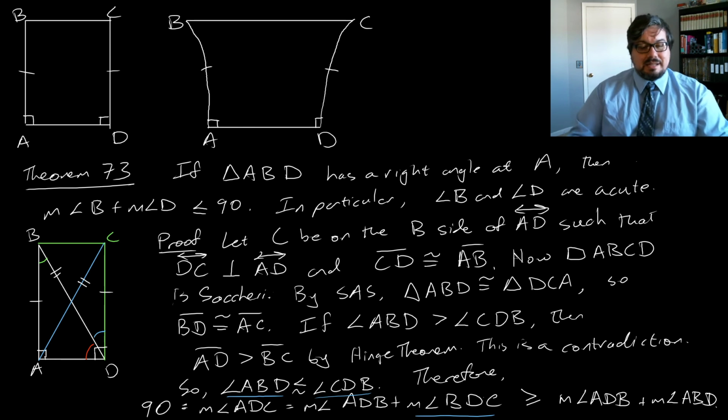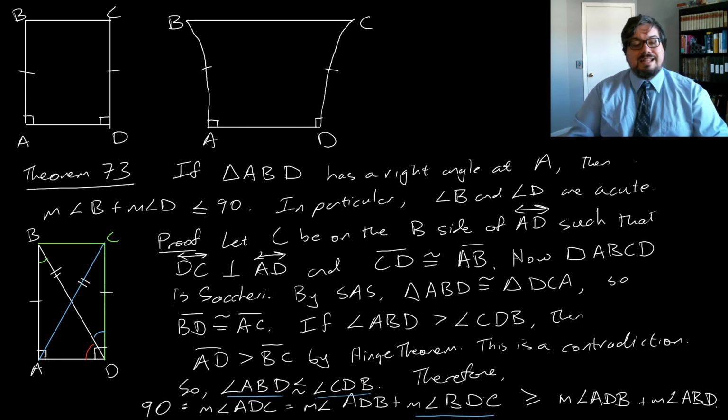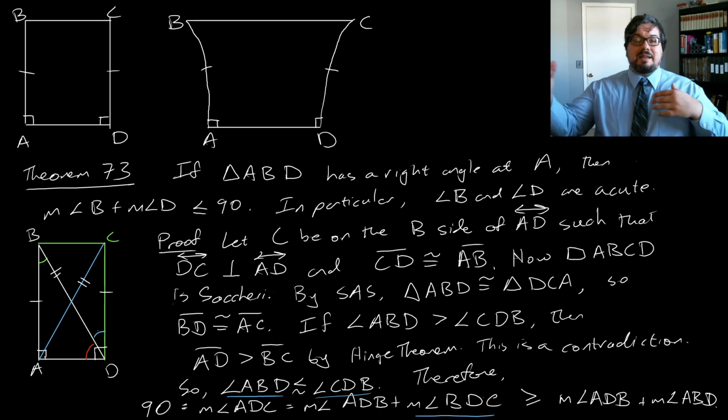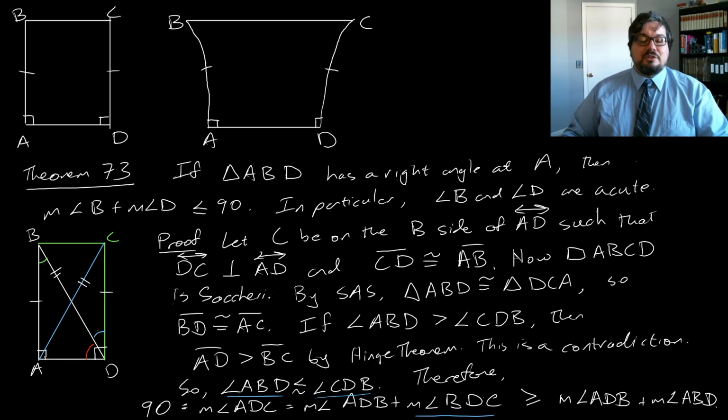So what we did is we showed that the green angle had to be less than or equal to the blue angle by comparing the upper and lower bases of the Saccheri quadrilateral, and then used angle addition to say, well, since the blue and the red add up to 90, and the green is less than or equal to the blue, the red plus the green must also add up to less than or equal to 90.